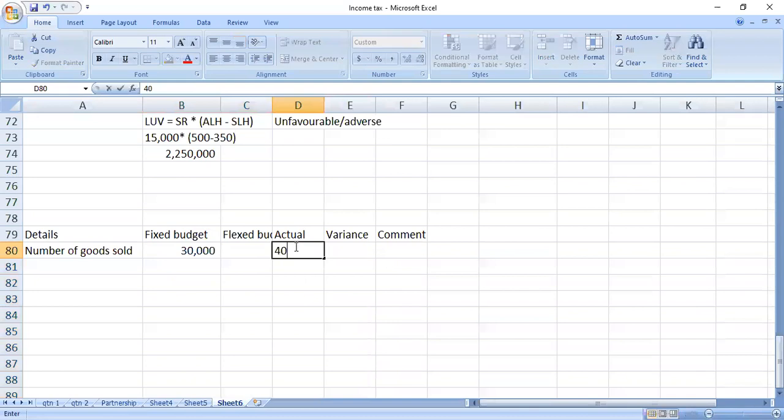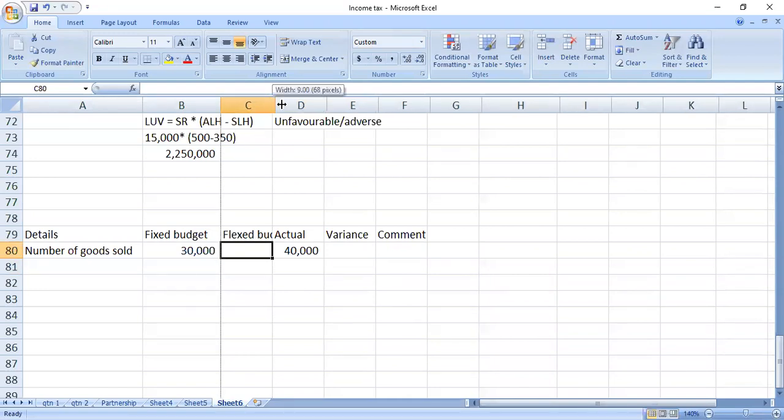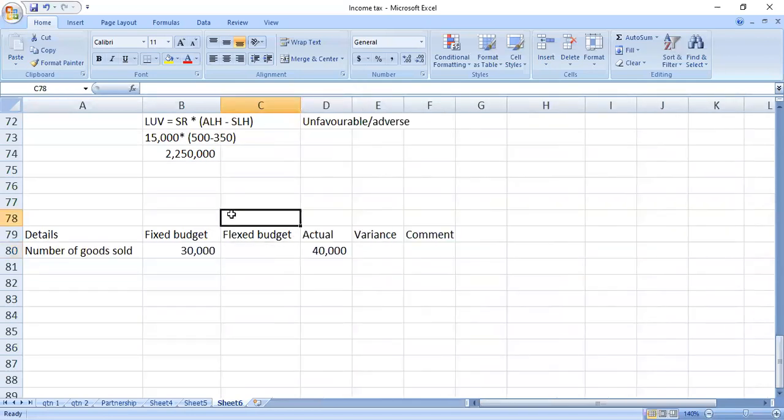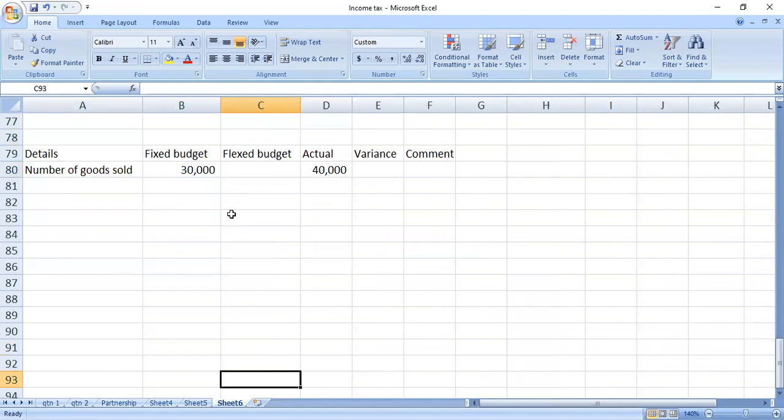Then the actual is 40. So this is the first thing you do. The flexible budget must reflect the actual level of activity. It's the first thing you do. So in doing that, we are saying make your flex become also what? 40,000. Now you can compare officially.